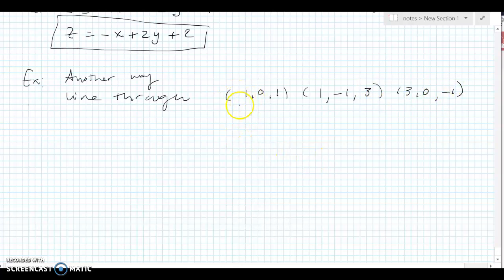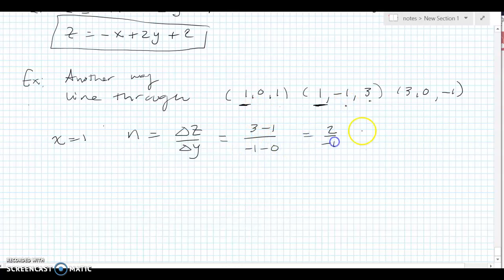And notice this x is a 1 and this x is a 1. So for x equals 1, n is going to be the change in z over the change in y. So the change in z is 3 minus 1 over the change in y is minus 1 minus 0. And we get 2 over negative 1, which is negative 2.